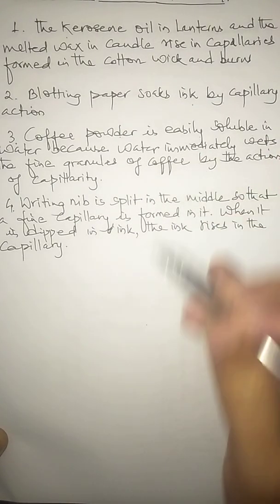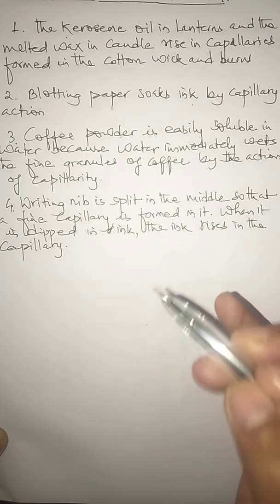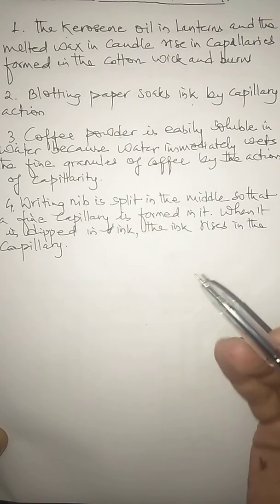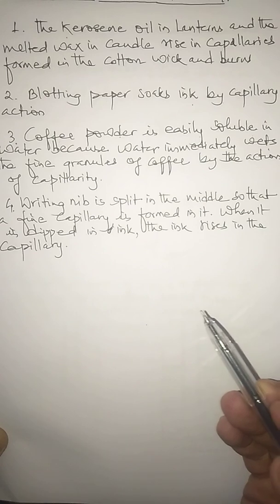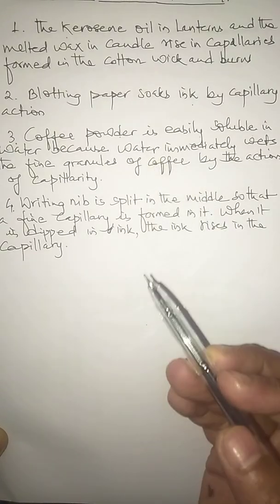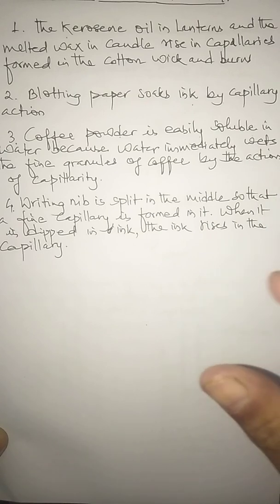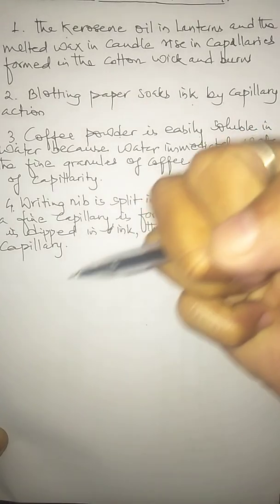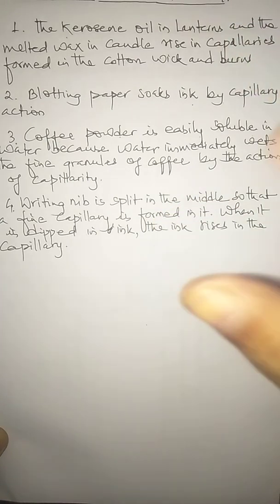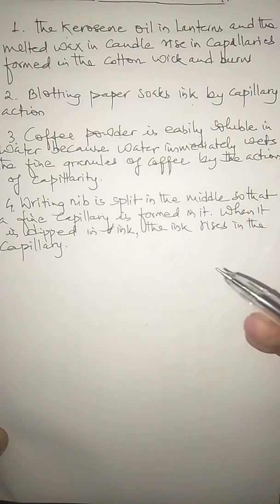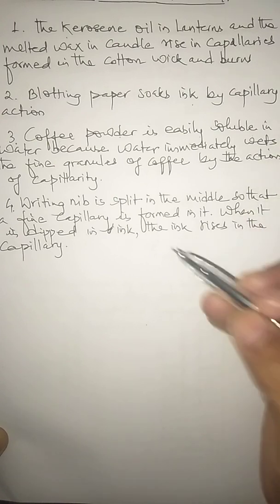This capillary helps the ink to rise into the capillaries, so that the ink will pass into the piston and fill it up, and the pressure pulls the ink up into that piston. When we start writing on the paper, we can easily write.